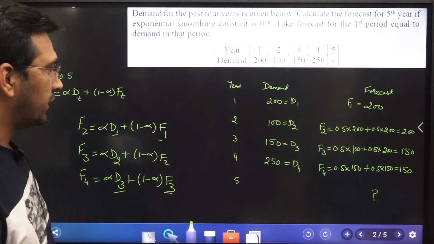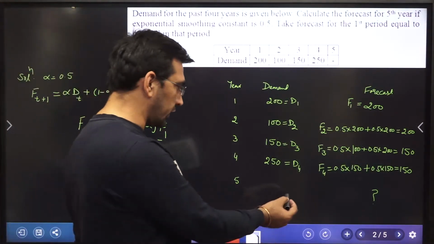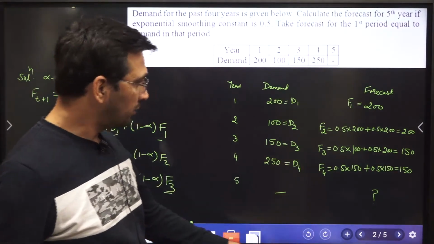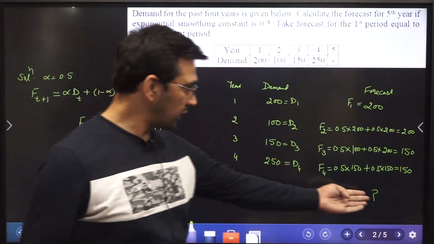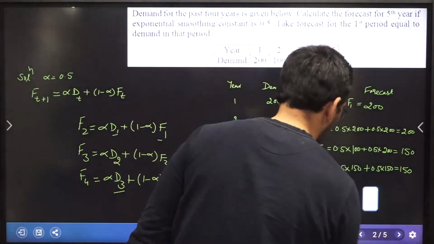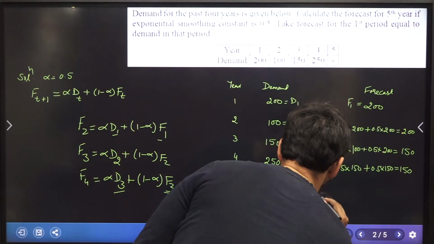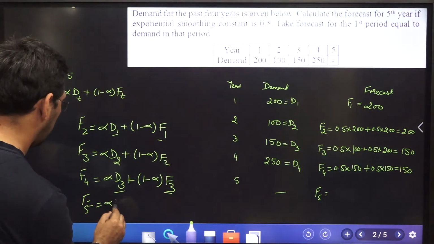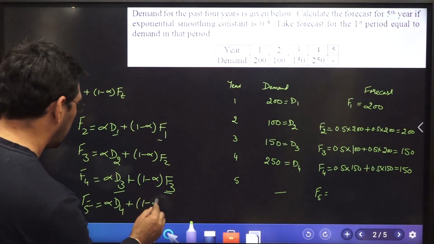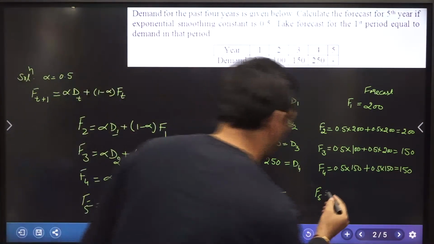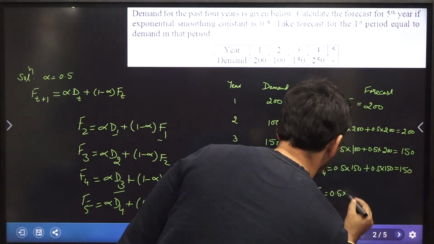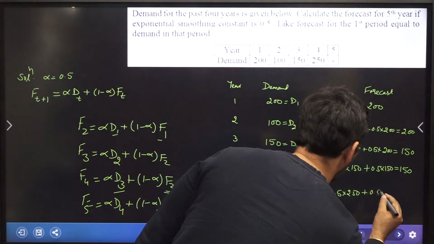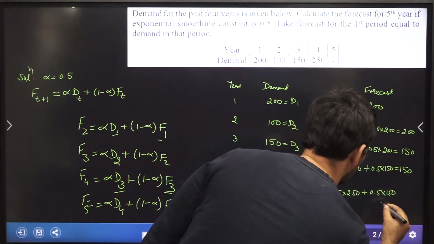Now you are left out with what? I want the focus. Demand I am not bothered about. Actual demand will come. Actual demand I will come to know at later stage. But first we have to focus for the fifth period. So what is that? That I want to find out. F5 I want to find out. So what is F5? You will say F5 will be alpha into D4 plus 1 minus alpha into F4. So how much is that? Simply 0.5 into D4, which is 250, plus 0.5 into 150 is equal to how much?